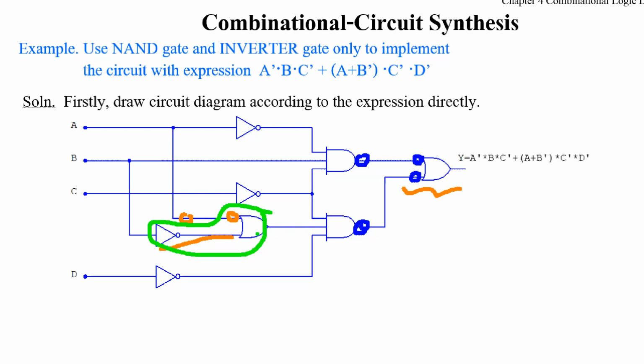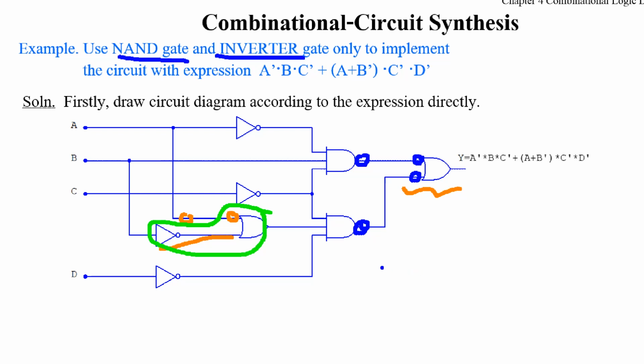So that's all to complete this one. Based on this example, you can now implement the circuit using only NAND gates and inverters. Anyway, if we want to reduce the number of logic gates, actually we can do more.